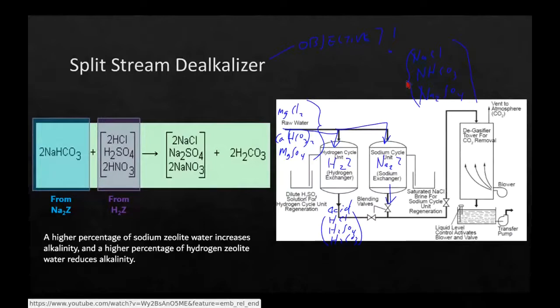This stuff is coming out of the sodium zeolite softener. But remember that the NaHCO3 is alkaline, and so it has a higher pH, so we can use it to neutralize acid, basically.